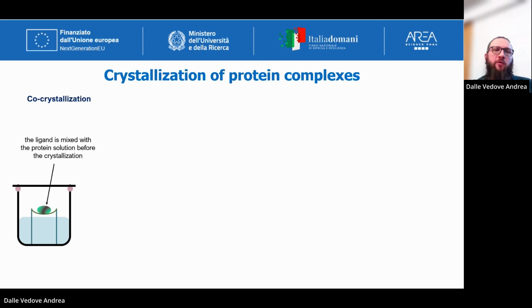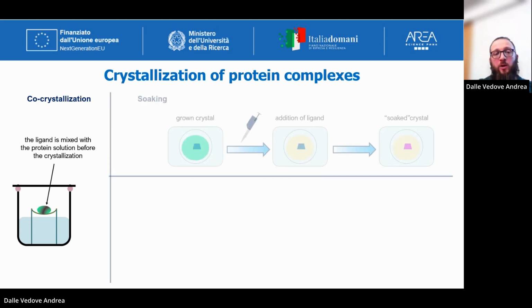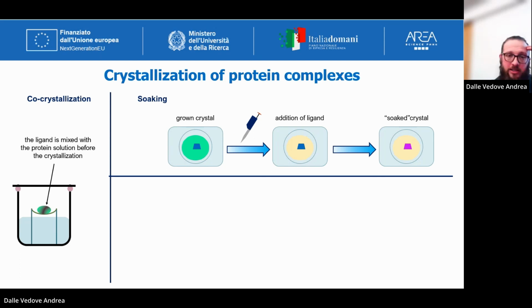It works, it's straightforward. The only problem is that in some cases, it is like working with a completely new protein. So your optimized condition won't work, and you have to start back with all the screening I briefly explained before. When you are dealing with a small molecule or small substrates, also small peptides, you can go for a soaking technique.